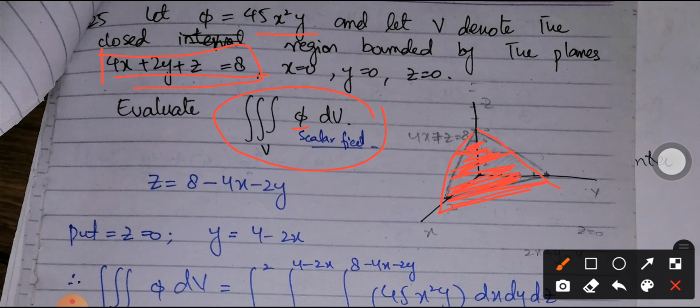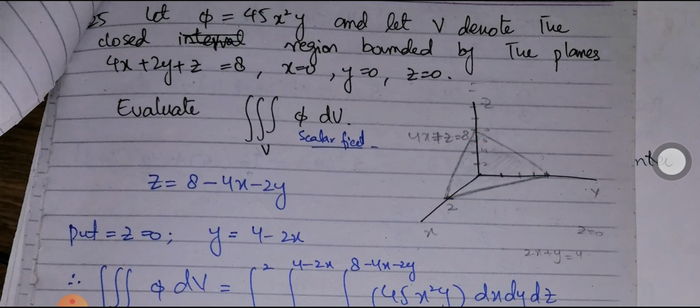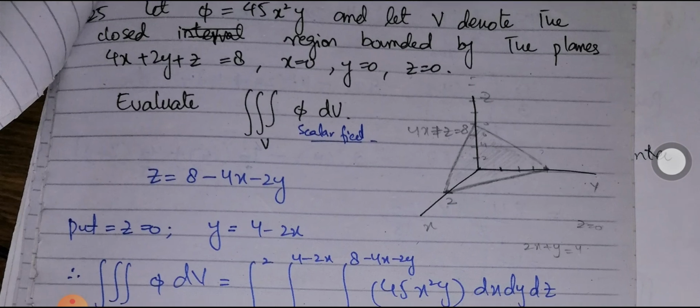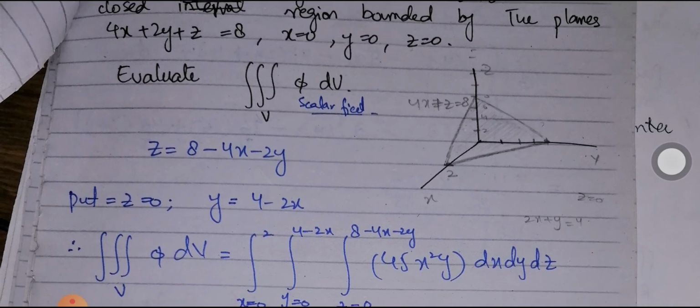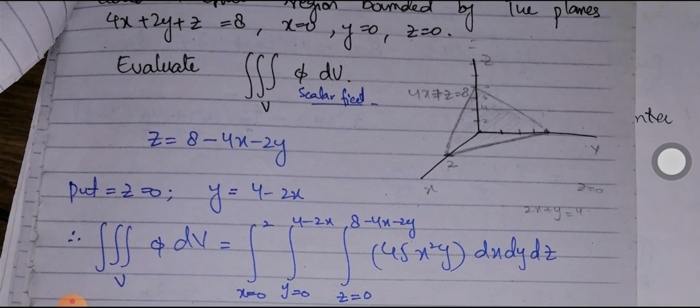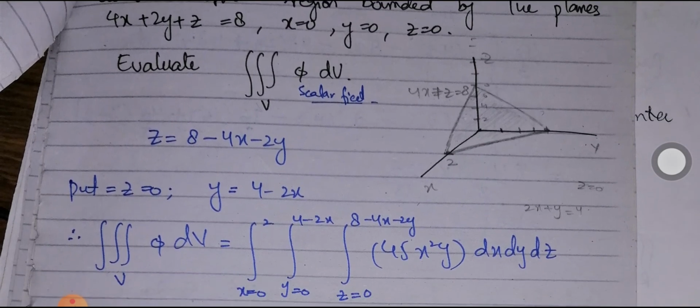Then you can see that we can evaluate z from this equation, and now we will discuss how and why we need to evaluate z. When we talk about triple integrals, all three variables x, y, and z are included. As we discussed in the previous lectures, when we decide the limits of the variables, we have to check whether these are related to each other or not.